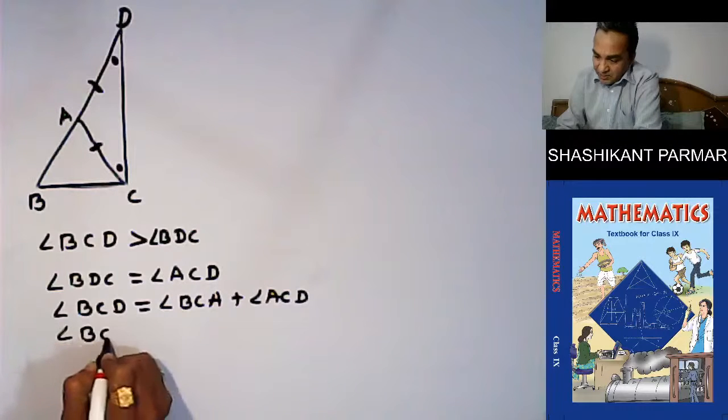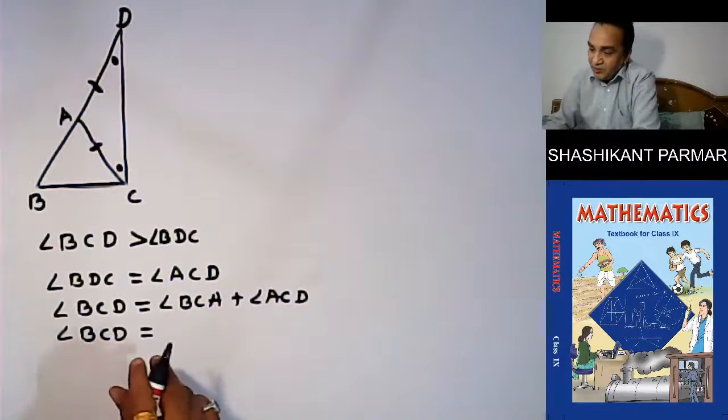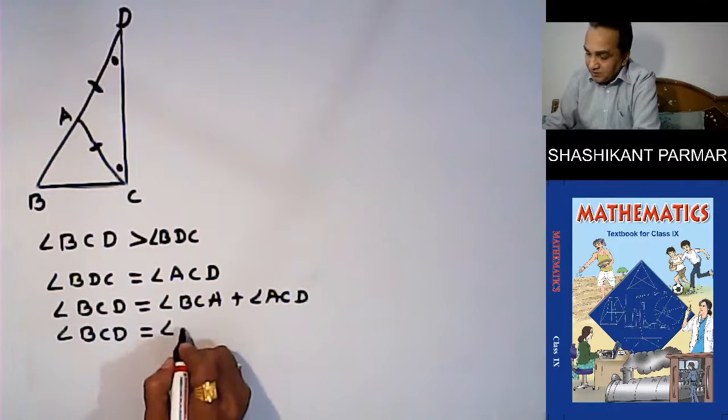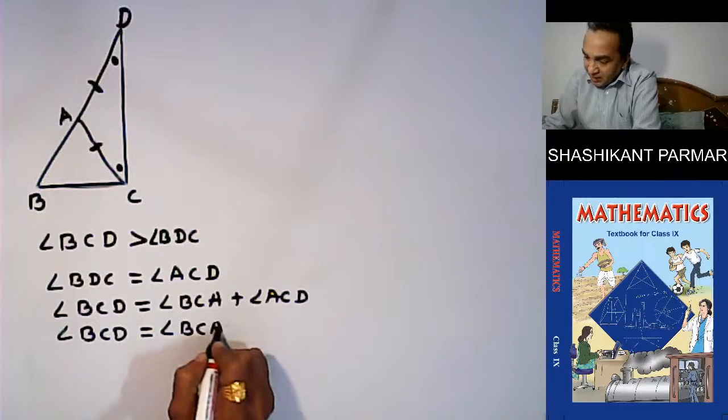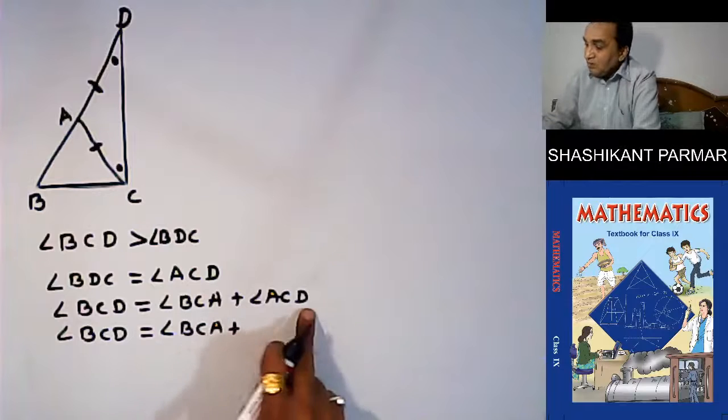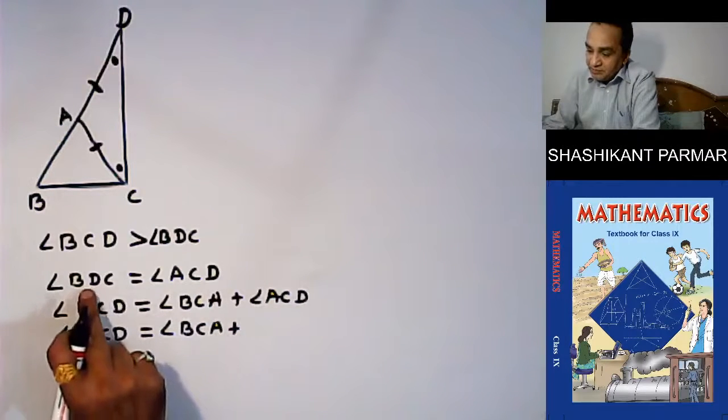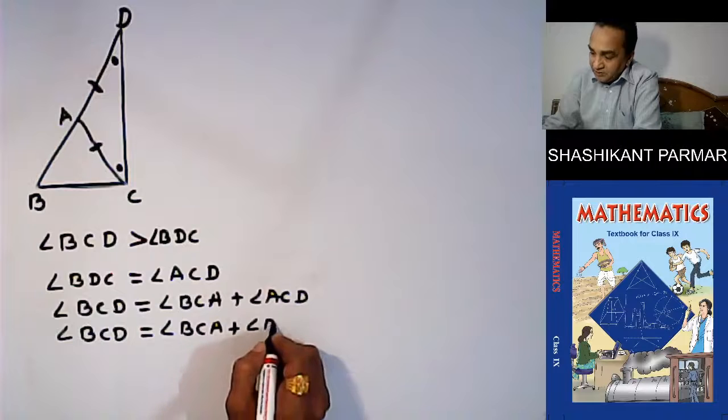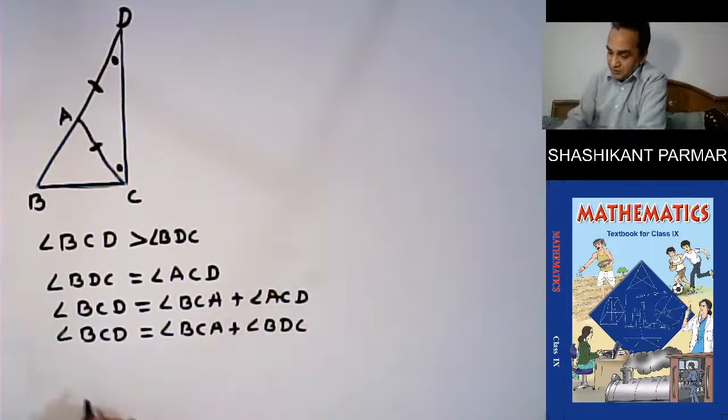Angle BCD is equal to angle BCA plus angle BDC.